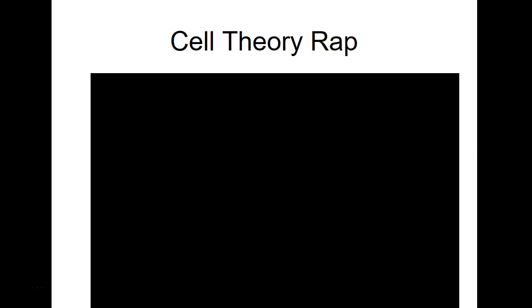So last year, I asked my students to come up with not a rap per se, but a song parody for the cell theory. They could parody any song, taking the beat and the rhythm of the song and then replacing the words with your own words. And the best group last year was Blaine Butler.